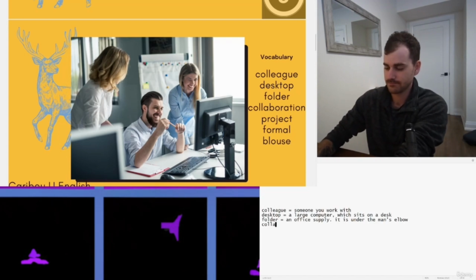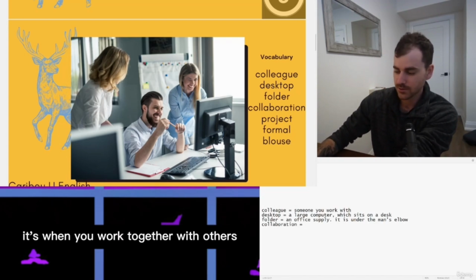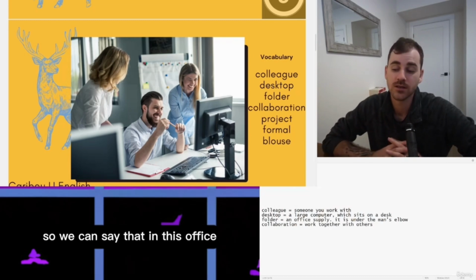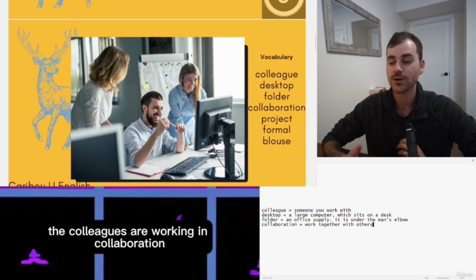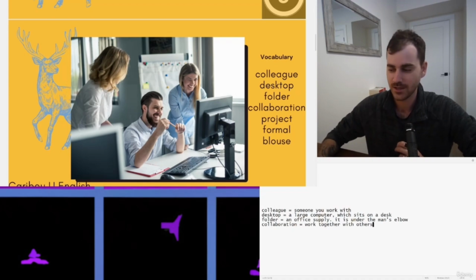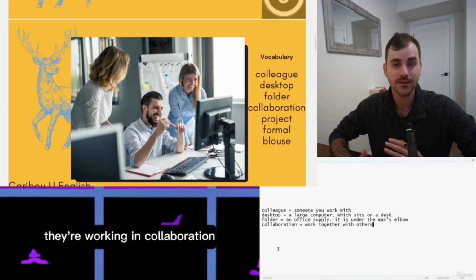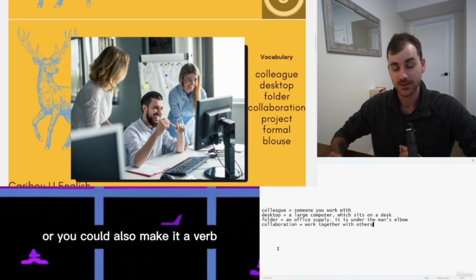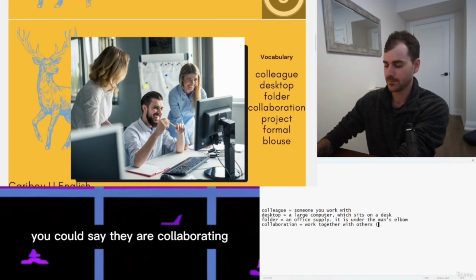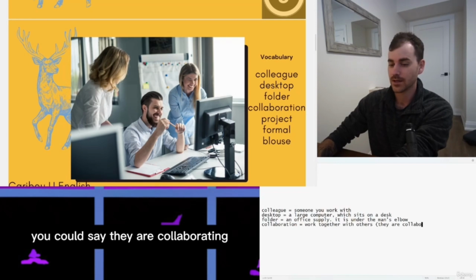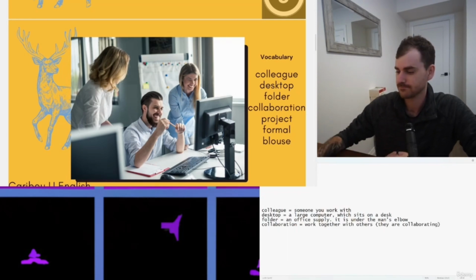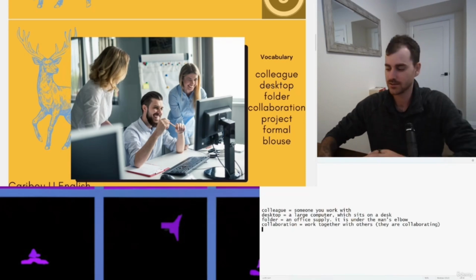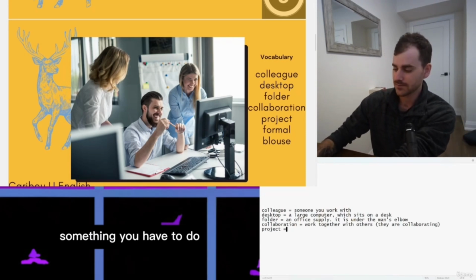Collaboration. It's when you work together with others. So we can say that in this office, the colleagues are working in collaboration. How are they working? They're working in collaboration. Or you could also make it a verb. You could say, they are collaborating. Project, something you have to do.